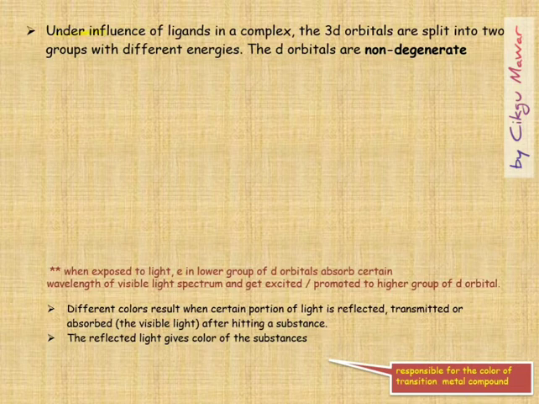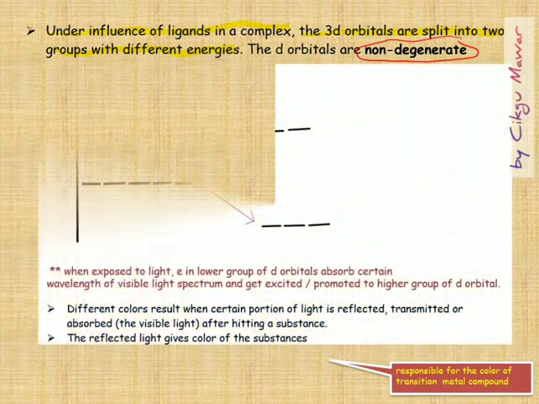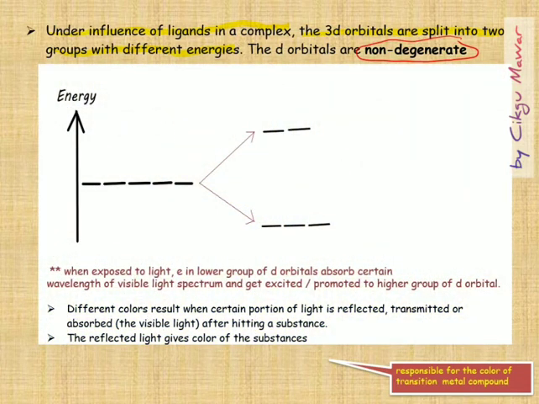Under the influence of ligands in a complex, the 3d orbitals are split into two groups with different energies, which we call non-degenerate orbitals. Here is the crystal field: at first the orbitals are degenerate.